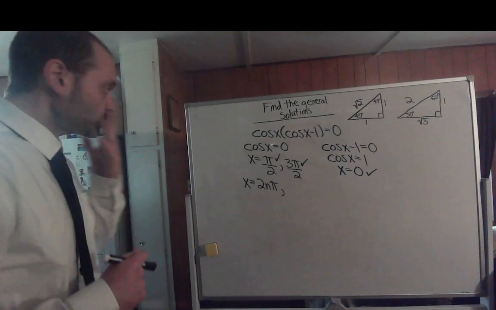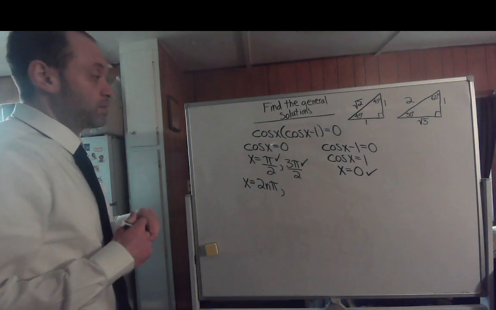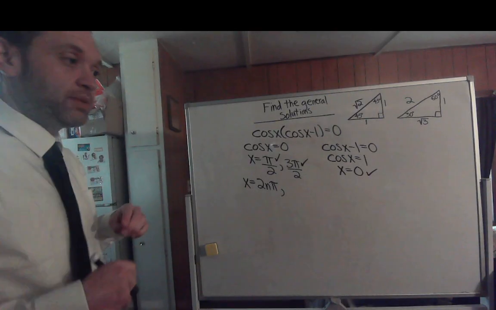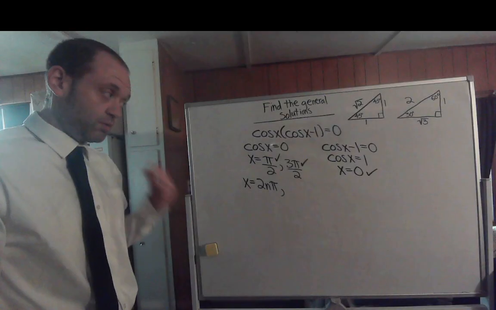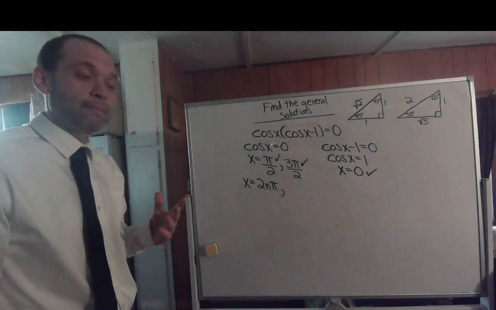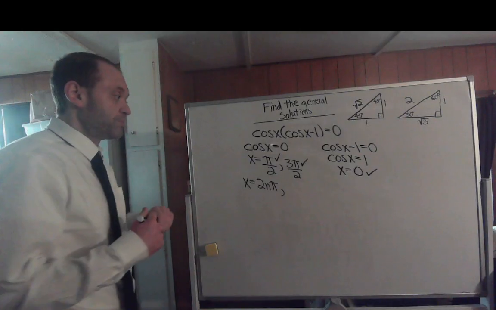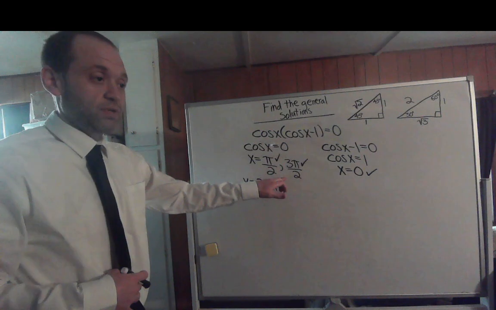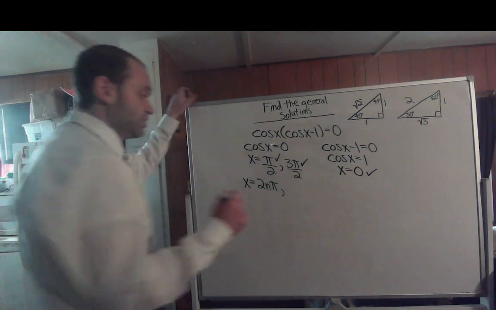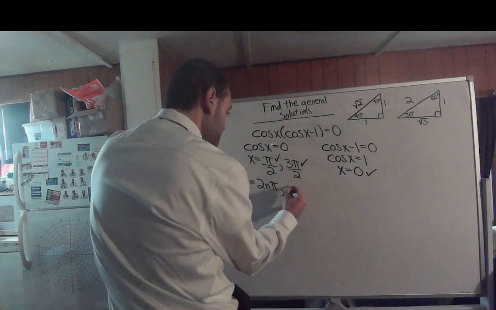Now, how do we write pi over 2 and 3 pi over 2? Of course, the period of the cosine function is 2 pi. However, if I take pi over 2 and I add pi to it, I get 3 pi over 2. So there's an easier way to do this.